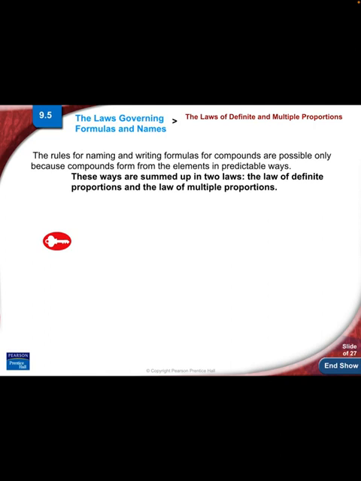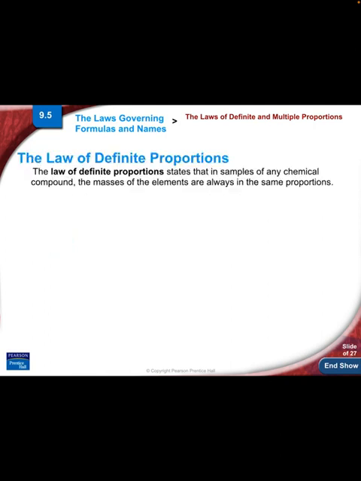It wasn't so obvious. We didn't have the uniform naming, the uniform analysis, and the consistent analysis of compounds that we have today. So the 2 laws are the law of definite proportions and the law of multiple proportions.